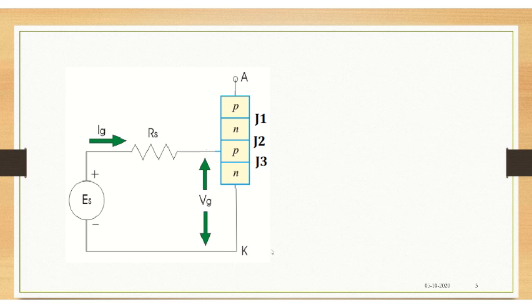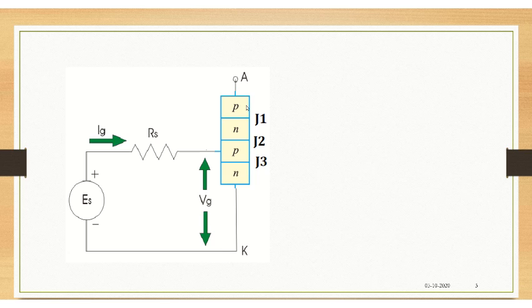When the anode and cathode terminals are in forward blocking mode, if you give any control signal at this gate terminal using this gate driving circuit, then you can make the SCR turn on. You're aware of all these points from the previous sessions.